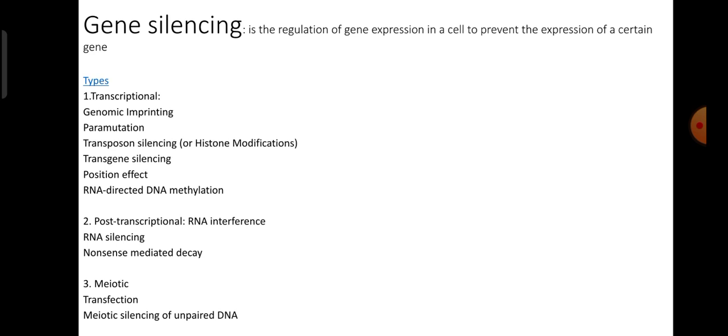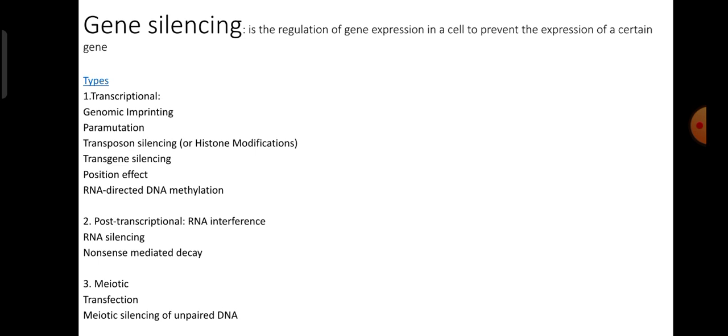Just to recap, we shall name all the types of transcriptional, post-transcriptional and meiotic gene silencing. Transcriptional gene silencing includes genomic imprinting, paramutation, transposon silencing or histone modification, transgene silencing, position effect, and RNA-directed DNA methylation. In the post-transcriptional type, there are RNA interference or RNAi, RNA silencing, and nonsense mediated decay.